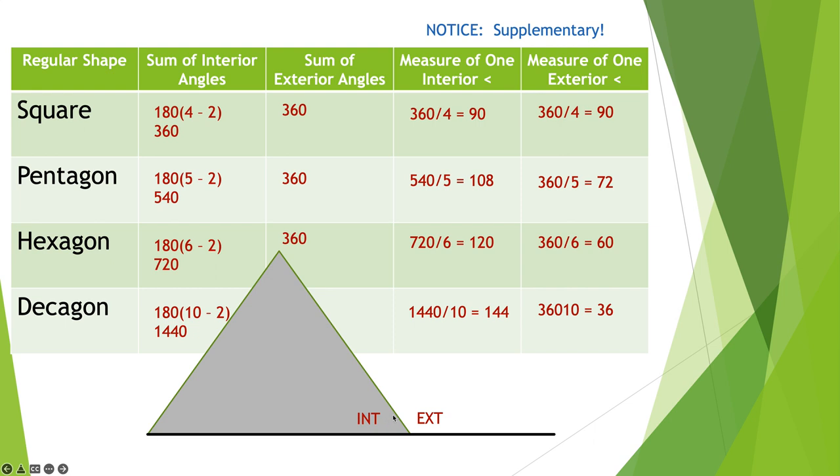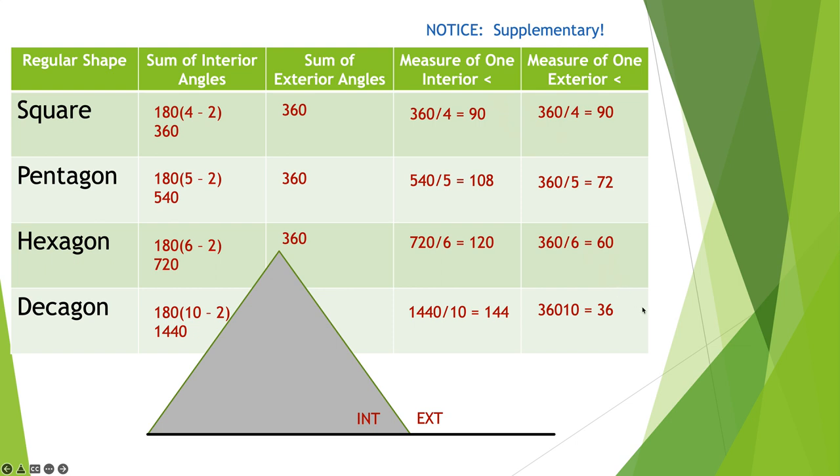And it's true whether we draw an equilateral triangle like this, or when we drew the regular pentagon before, or if I drew a regular decagon. If I just take one of the sides and extend it, I automatically make a supplementary situation. So notice that supplementary relationship between the measure of one interior angle and the measure of one exterior angle.